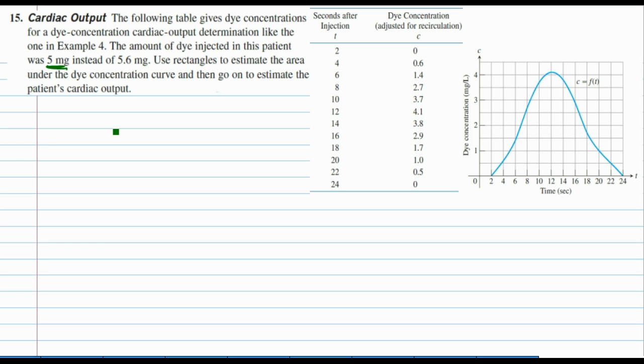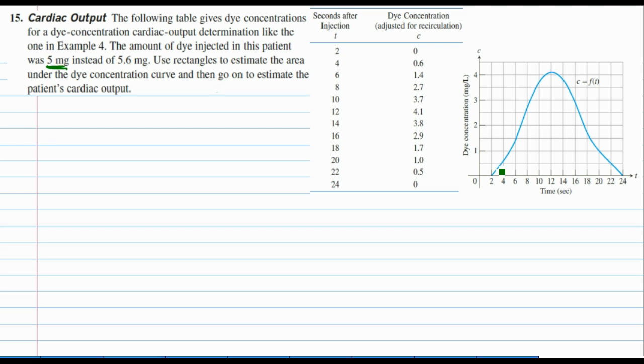Use rectangles to estimate the area under the dye concentration curve, and then go on to estimate the patient's cardiac output. So again, we have a change in T of exactly 2, but now we're going to estimate each Y value, or the height of each of these rectangles, by using the X value in the middle.